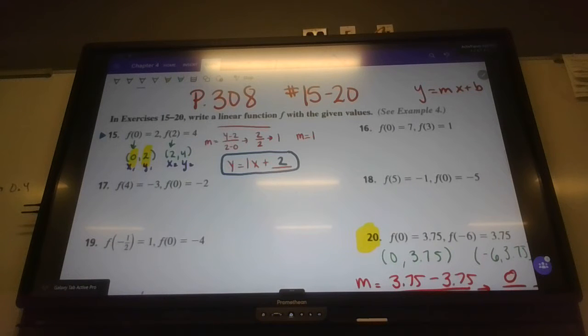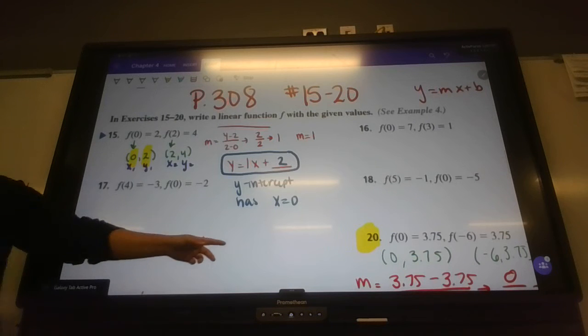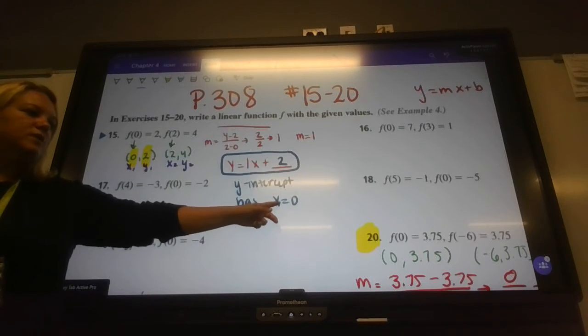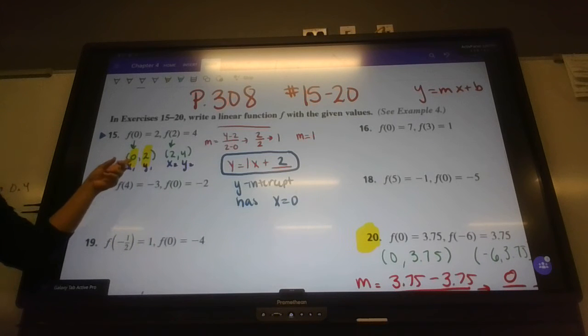In the blank, you put whatever number has x is 0, that's the b value. The second number is always the y-intercept. It's the point on the y-axis. So it always has x equals 0. So if they give you x equals 0, you know what goes in the b spot.